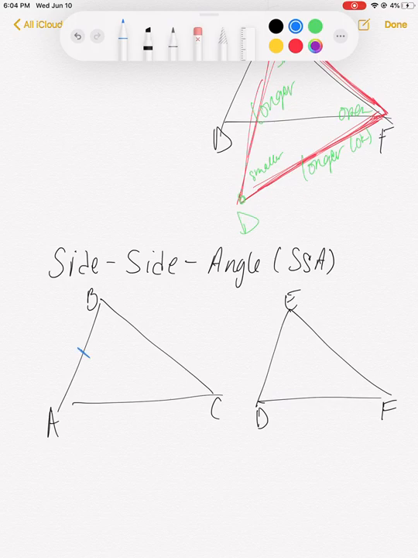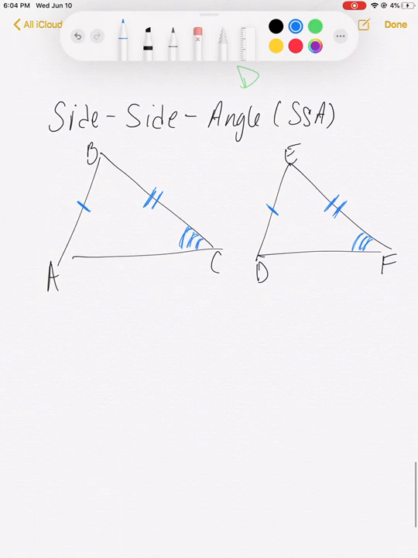I'm going to make this one the same as this one, and make this one the same as this one. It could be any two sides, but not any angle. It can't be the included angle. It could be any other angle. So let's do angle F here, and angle C. All right, so we need to construct a new triangle DEF and see if we can make it different.